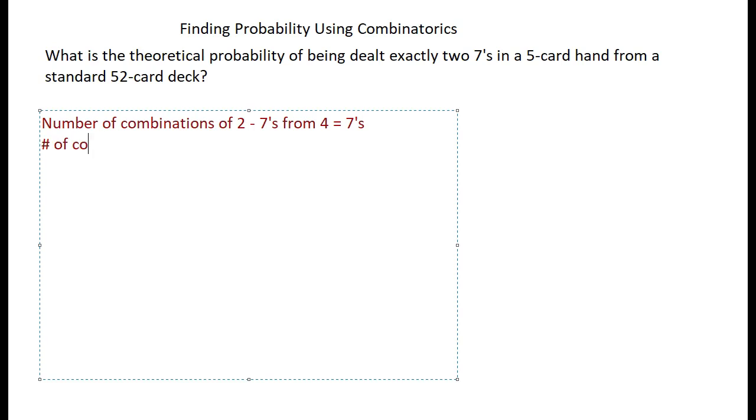Number of combinations of 3 cards, because if we have 2 7s, 3 of the cards cannot be a 7 because we have 5 cards total. 3 non-7s out of, now 4 cards are 7s in the deck, so that means there are 48 other cards.